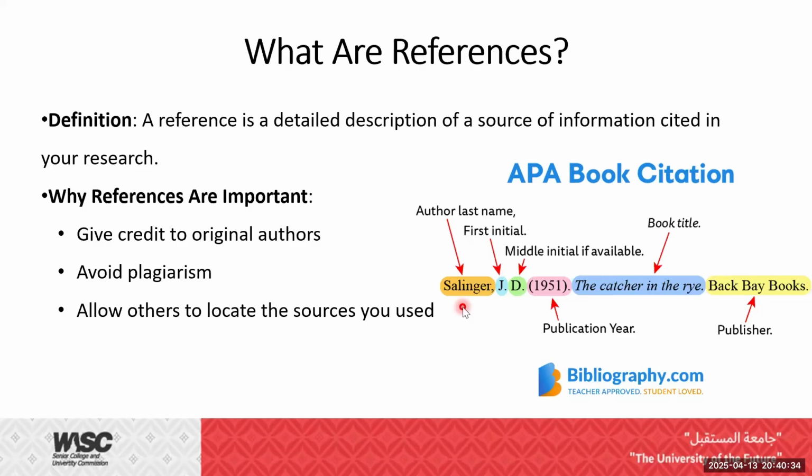a reference from a book. Okay, so the first thing, this is according to the APA style. Again, this is a reference for a book. So the first part is actually the author last name followed by the first initials and the middle initial name.